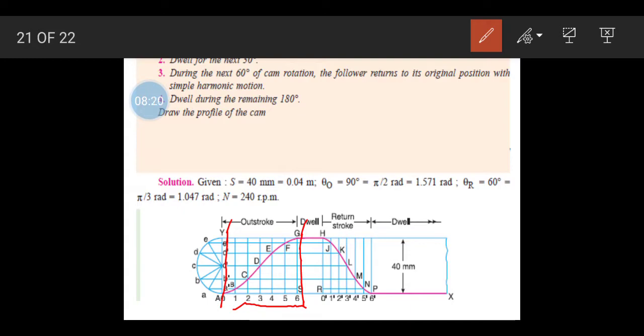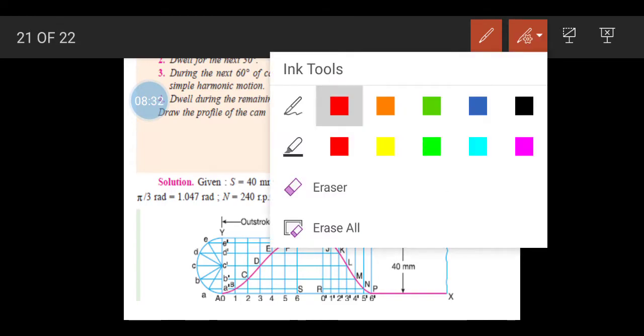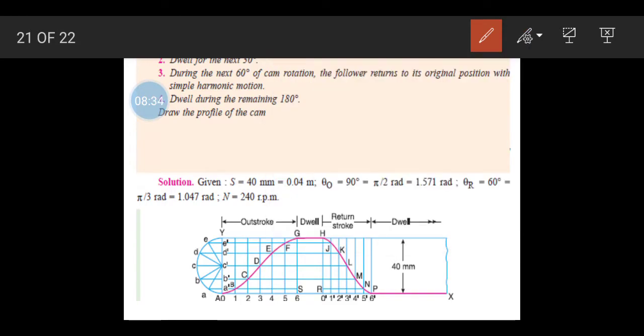So what will happen over here is, we will extend these points 1, 2, 3, 4, 5 and 6 in the upward direction. So we will be getting intersect points from this horizontal line coming and this vertical line coming from here.